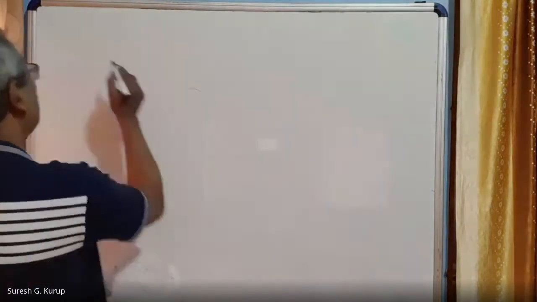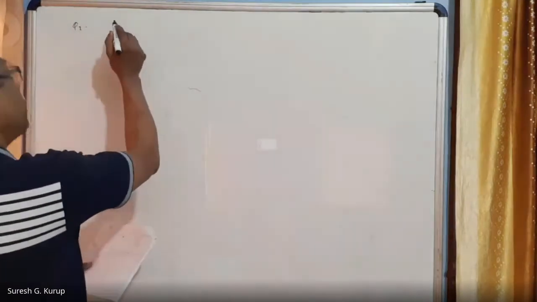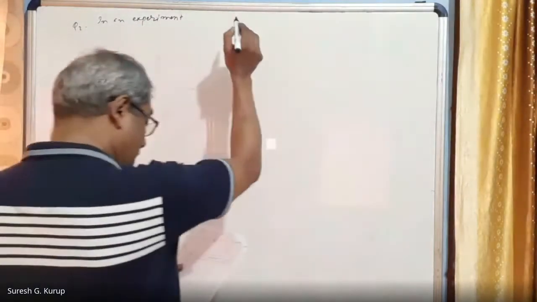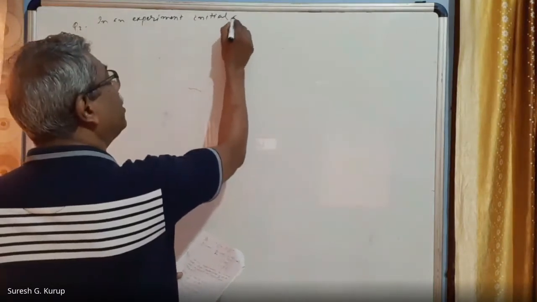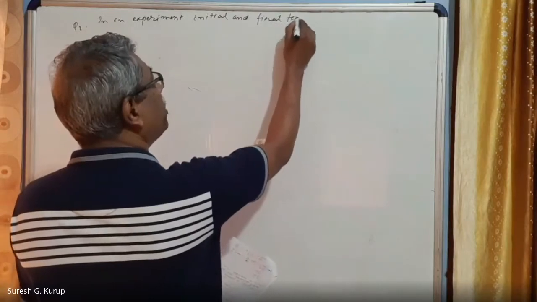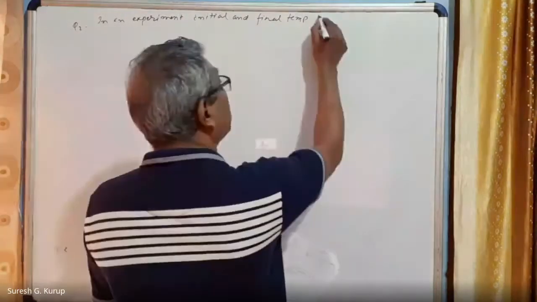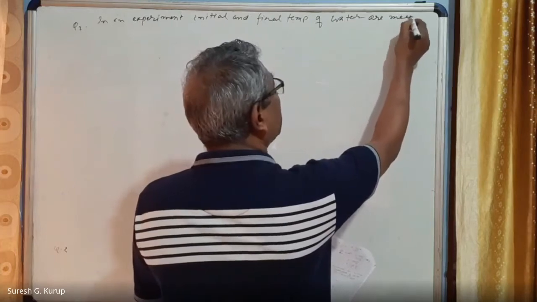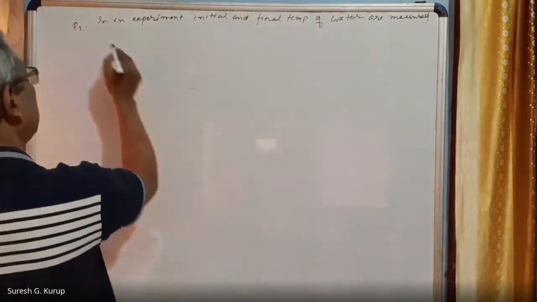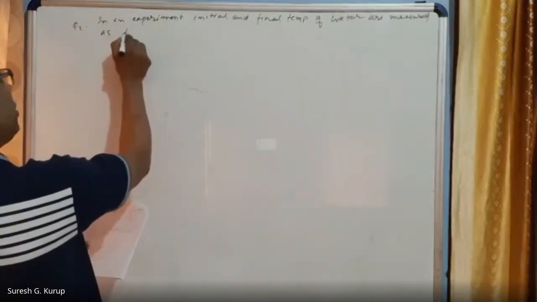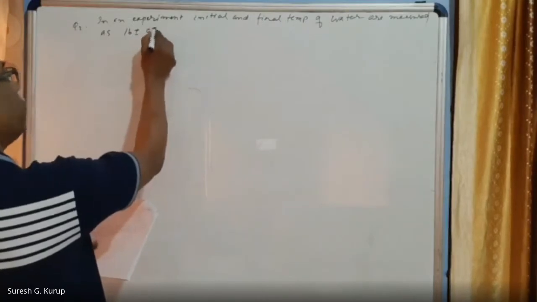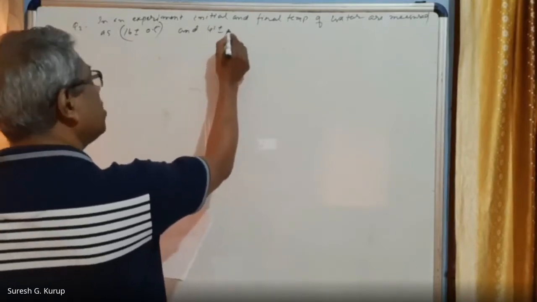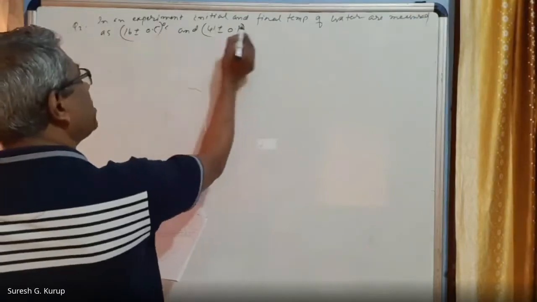Next question I am writing is question 2. Question 2. In an experiment, initial and final temperature of water are measured as 16 plus or minus 0.5 and 41 plus or minus 0.1 degrees centigrade.